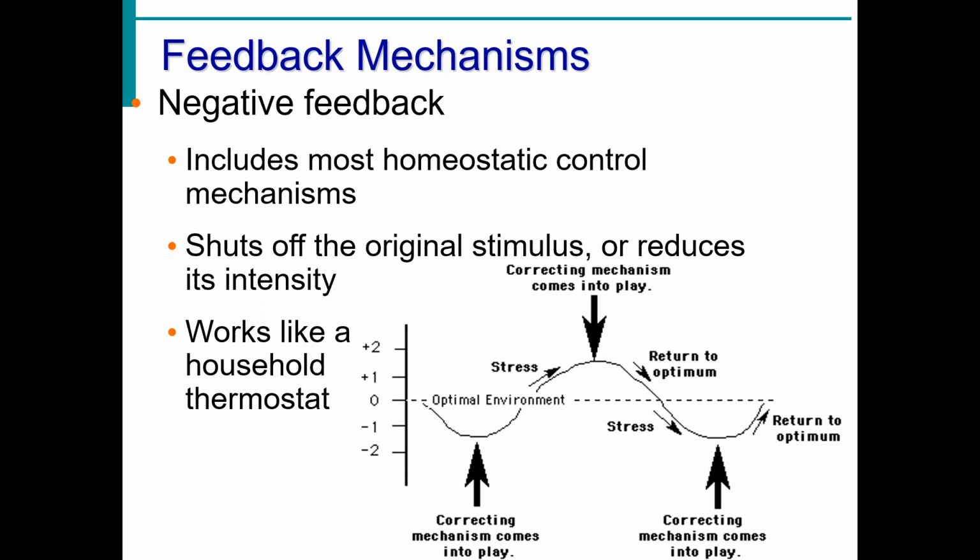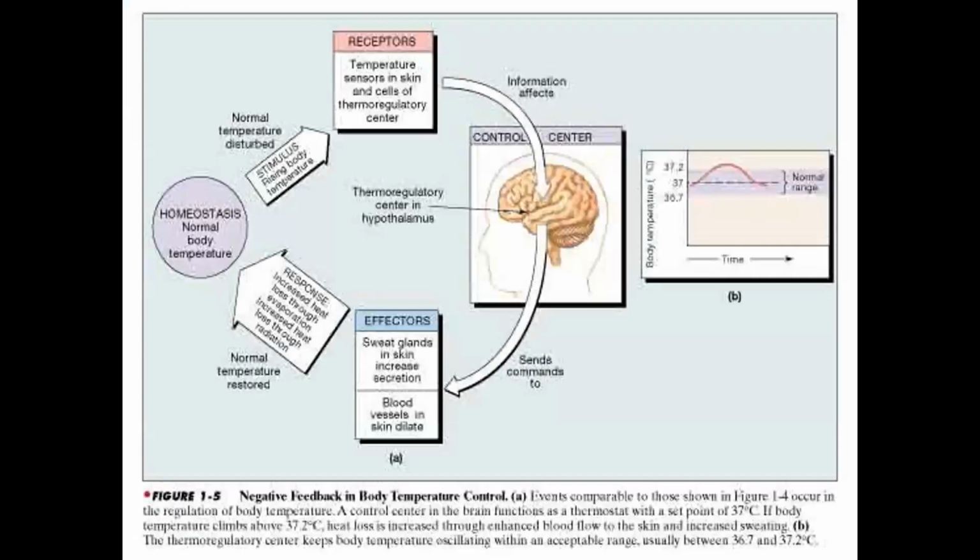Okay. So we see this system here where we've got the brain as the control center, right? We've got receptors that can send information to the brain, and the brain will then mount a response. These effectors are going to be here to help mount the response in order to maintain or restore this normal homeostatic balance. Okay.